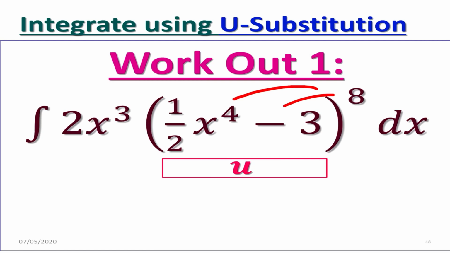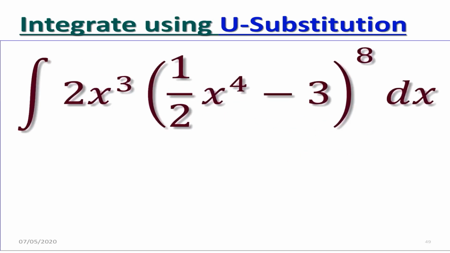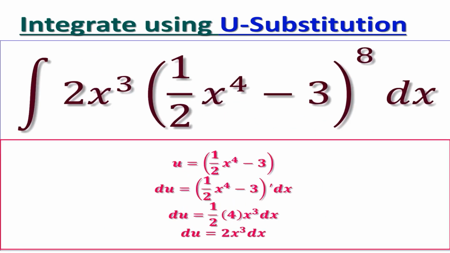And what is the point of this U-substitution? The point is to just make your integral simpler in order that you can fit it into the table of integrals. Alright, so we're going to set your u being this entire parenthesis, so a half x to the 4th minus 3.